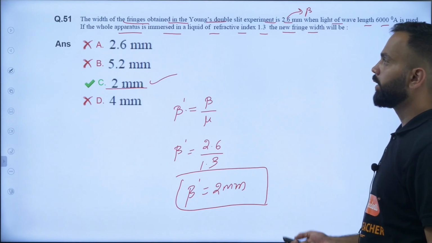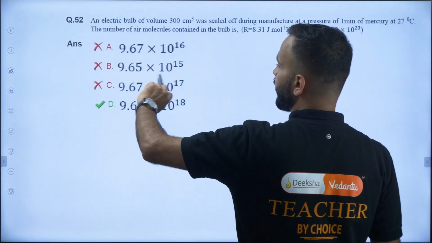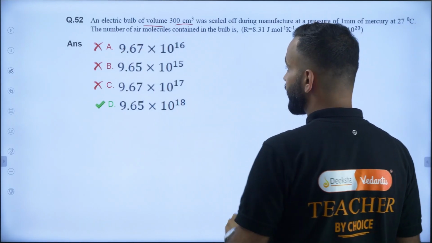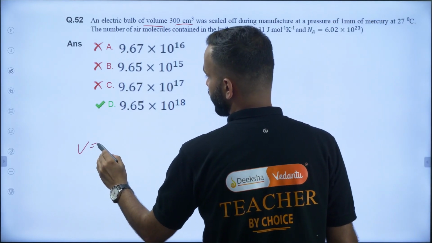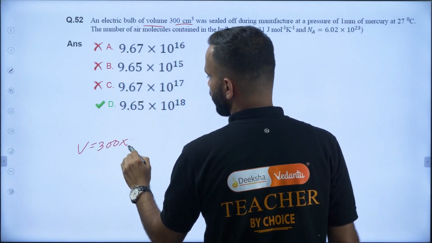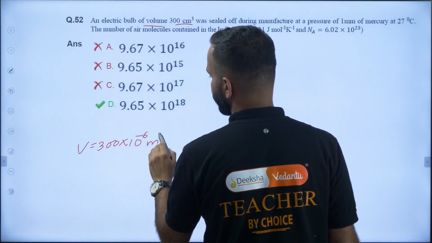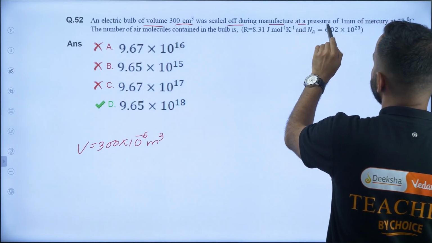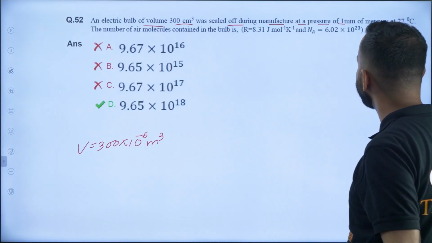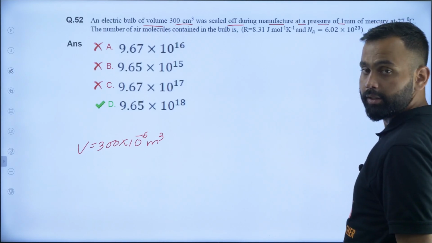Question number 52. An electric bulb of volume 300 centimeter cube, that is V is equal to 300 into 10 to the power minus 6 meter cube, was sealed off during manufacture at pressure of 1 millimeter of mercury. So what is the pressure?